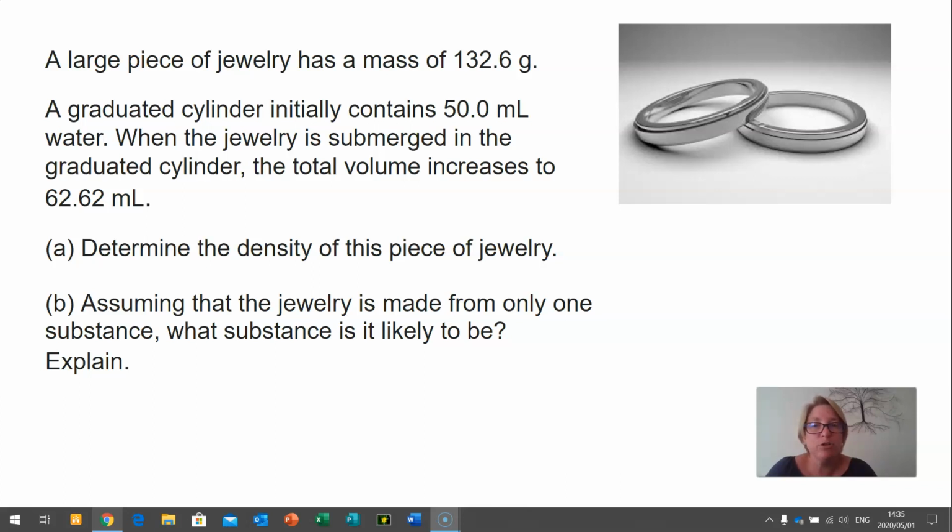So the first thing I want you to do is to determine the density of this piece of jewelry, and then I want you to assume that this jewelry is only made up of one type of substance. And I want you to see if you can then refer back to the density table and see what the substance is most likely to be, and explain.